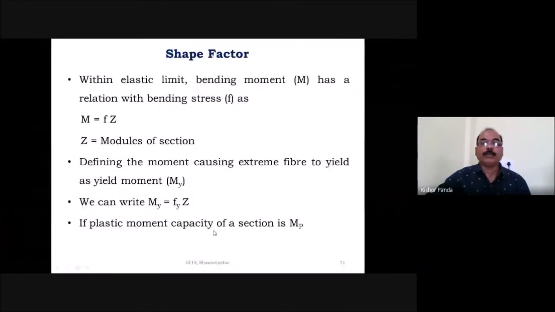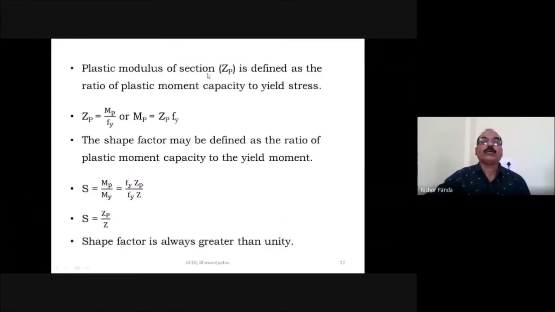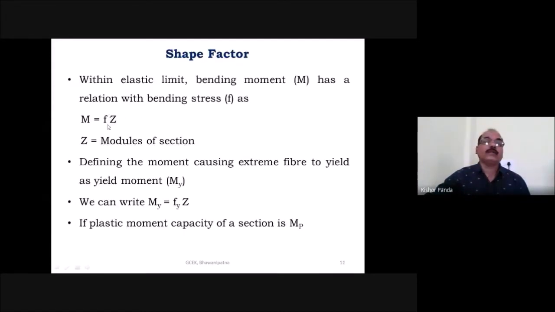If plastic moment capacity of section is MP, plastic modulus of section Zp is defined as the ratio of plastic moment capacity to yield stress. In elastic theory, the yield moment is equal to yield stress into the section modulus.